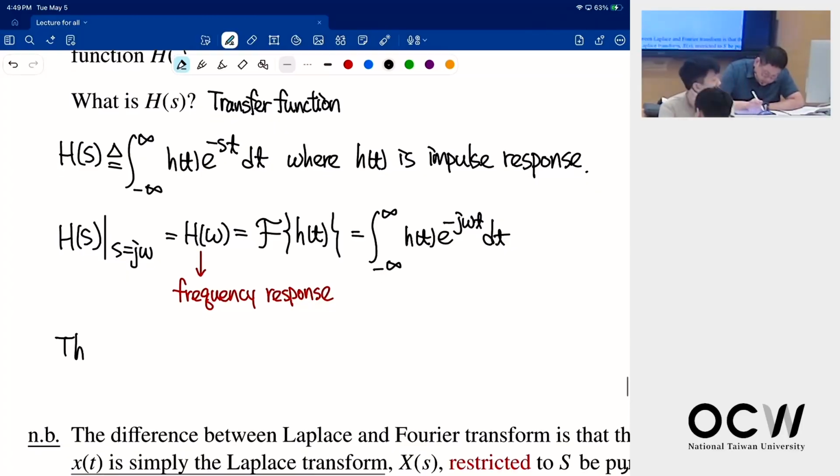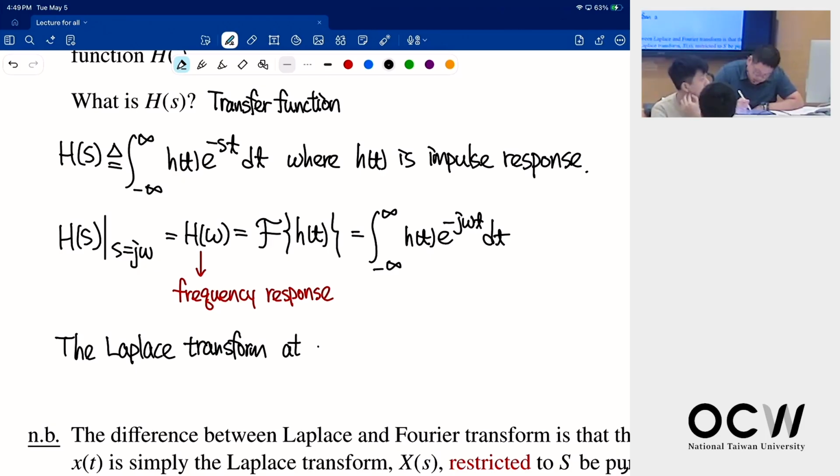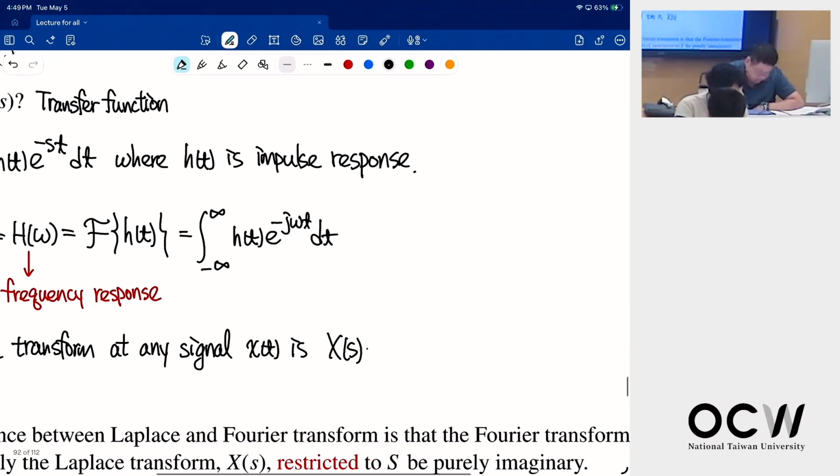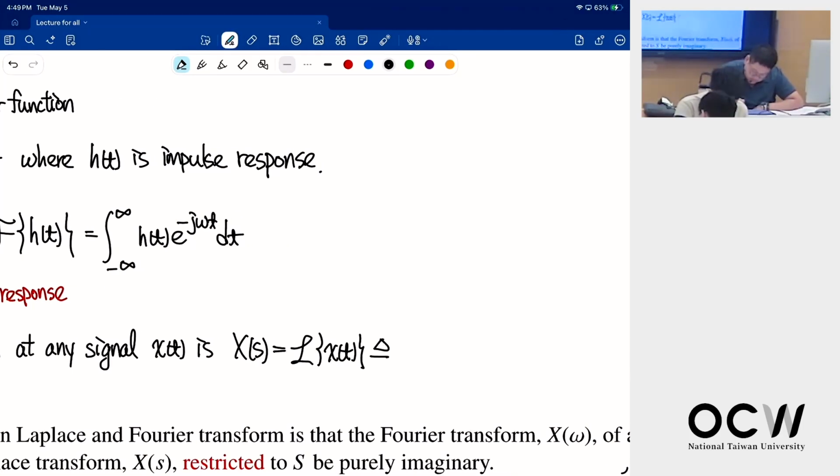The Laplace transform of any signal x is here, the definition.